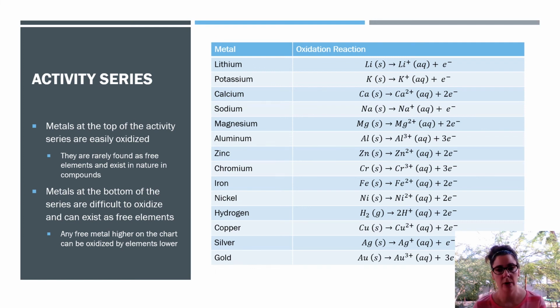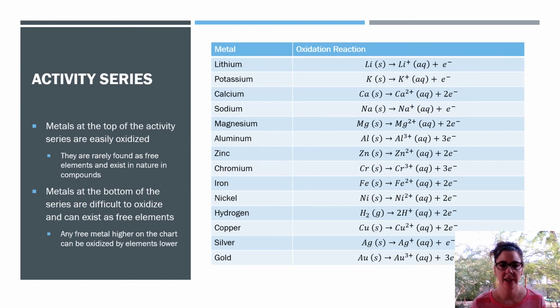Okay, so how do you know when a reaction is going to happen? So in lab today, you're going to notice that there are going to be some reactions that you're going to observe occurring, and some that are going to yield no reaction. So compiling all these observations, metals were ranked into what's called an activity series.